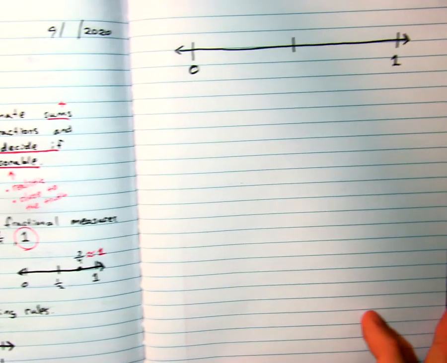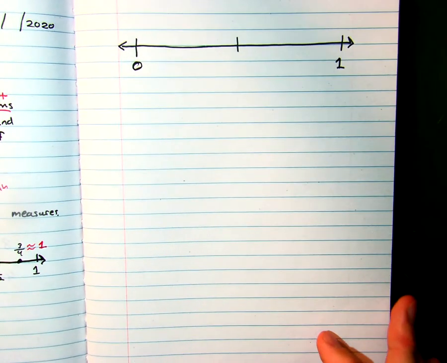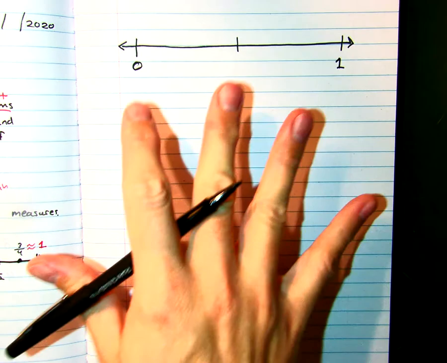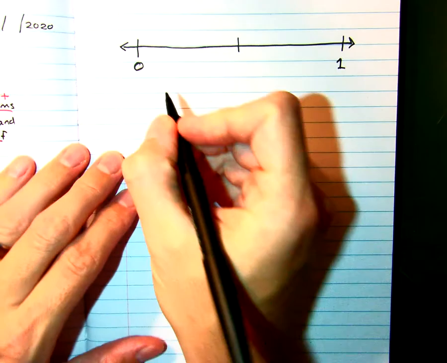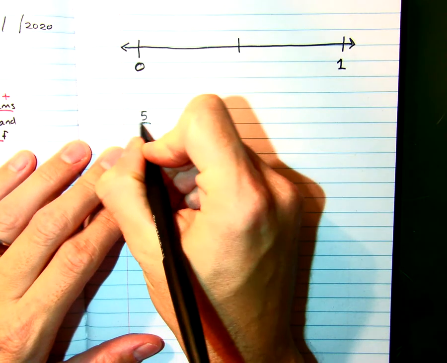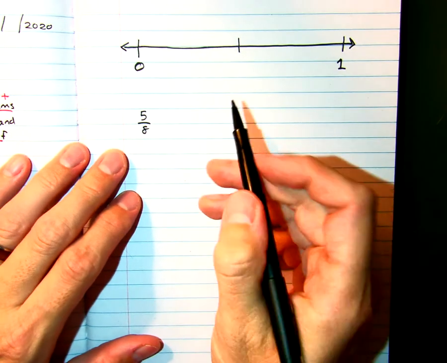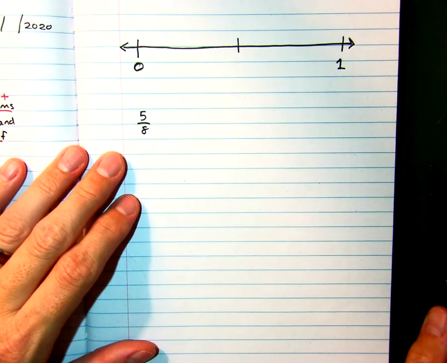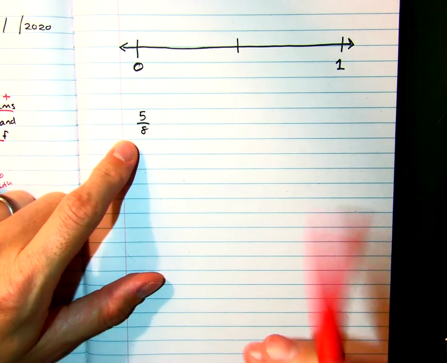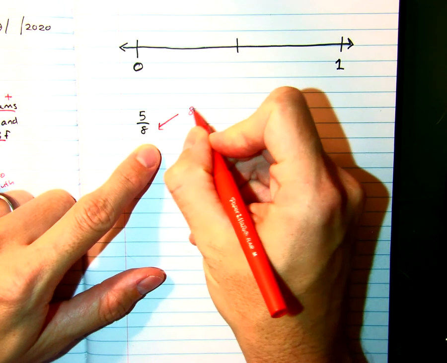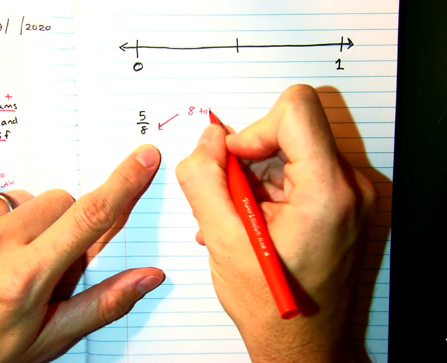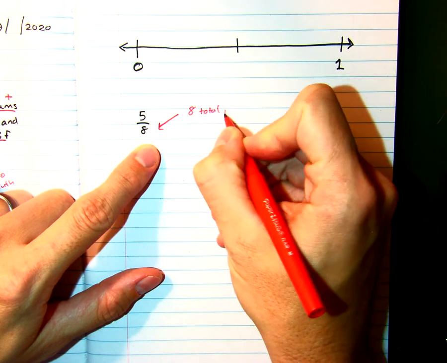All right, and for the sake of this lesson, most of what we're going to be talking about will be using a number line. So let's see. If we had this number line and we're looking for 5/8, where would it go on the number line? Let's identify our denominator. So 8 total parts.